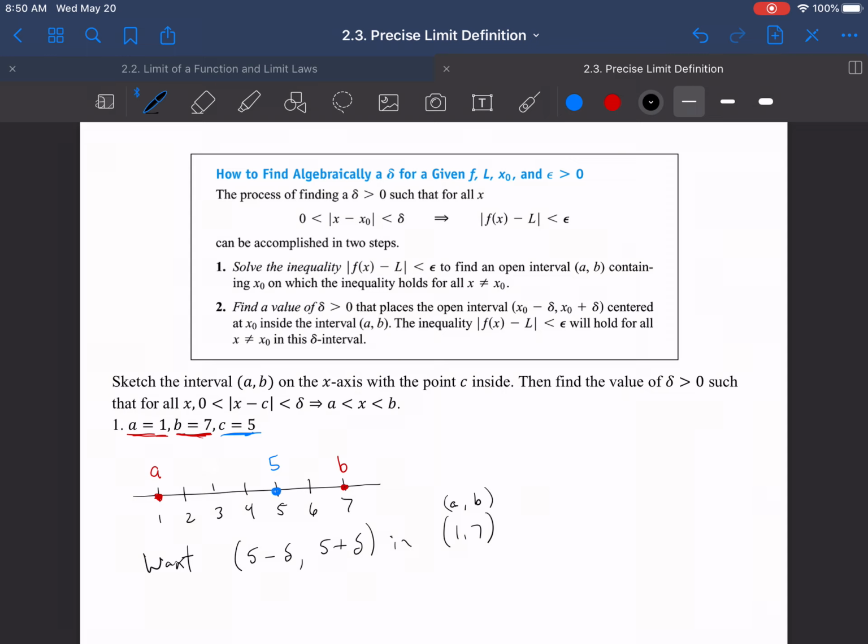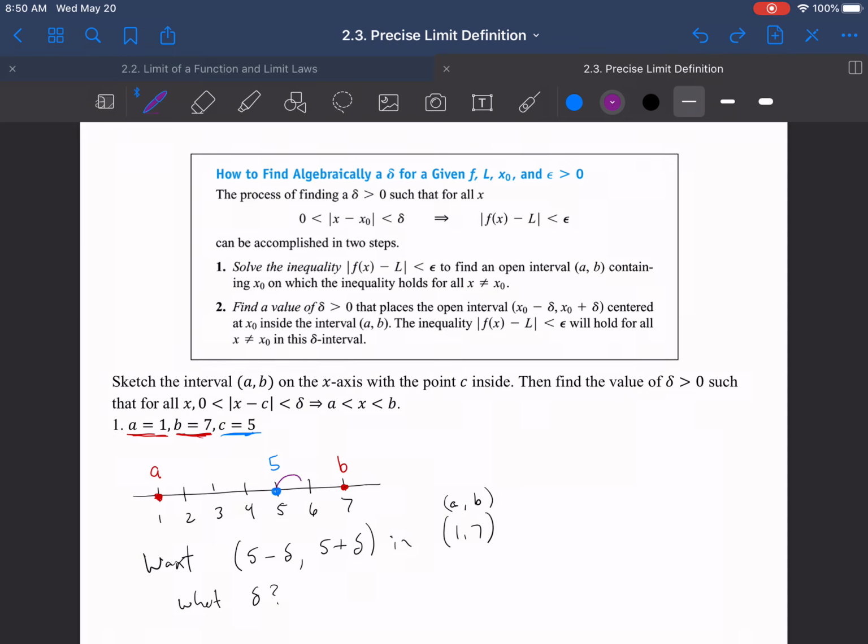So what value of delta would do that? Well, if we look at 5 and 1, we can go all the way to the left 4 units, 1, 2, 3, 4, and we're still within A. But if we go to the right 4 units, 1, 2, 3, 4, we're outside of B. So you have to think not just about how far you can get to stay within one of them, but what's the furthest you can go in either direction without going outside it.